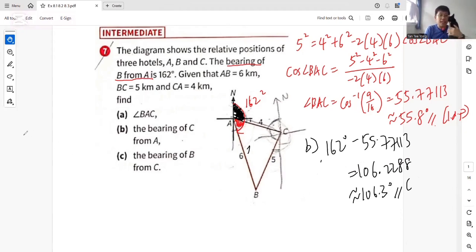Yes, 106.2 degrees. So this is for part B.